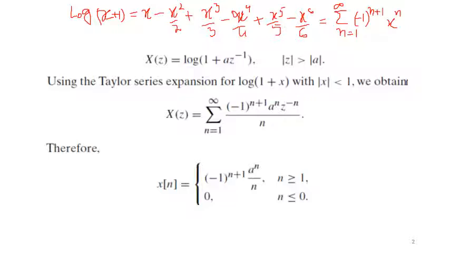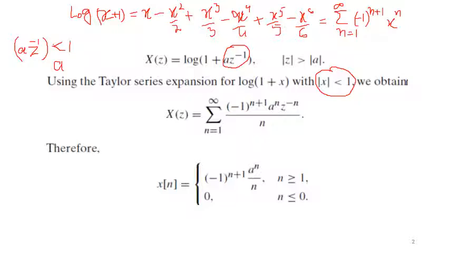Since the condition is that absolute of x should be less than 1, for x we have a times z inverse. So absolute of a z inverse is less than 1, because you can see that z inverse can come this side.